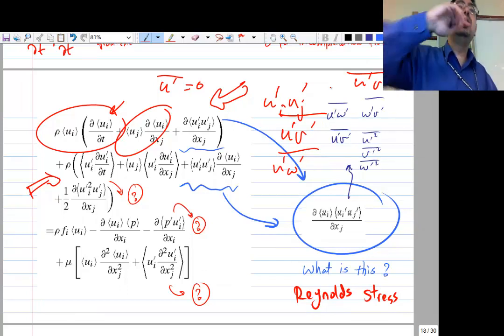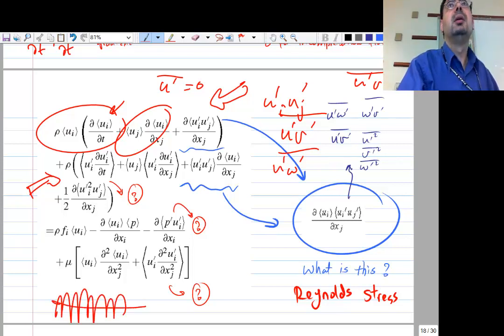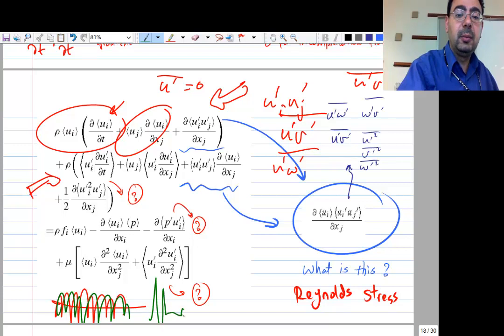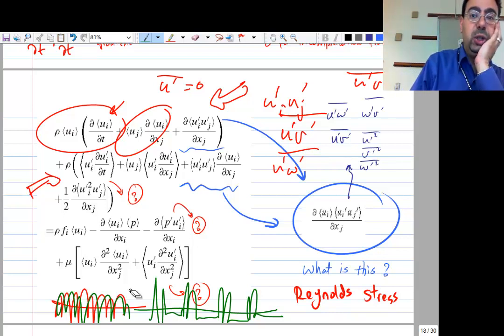I know that if I average U prime and it's completely random like this, I will get 0. But if I multiply this by this, then this guy, when you average, is not 0. It's something.